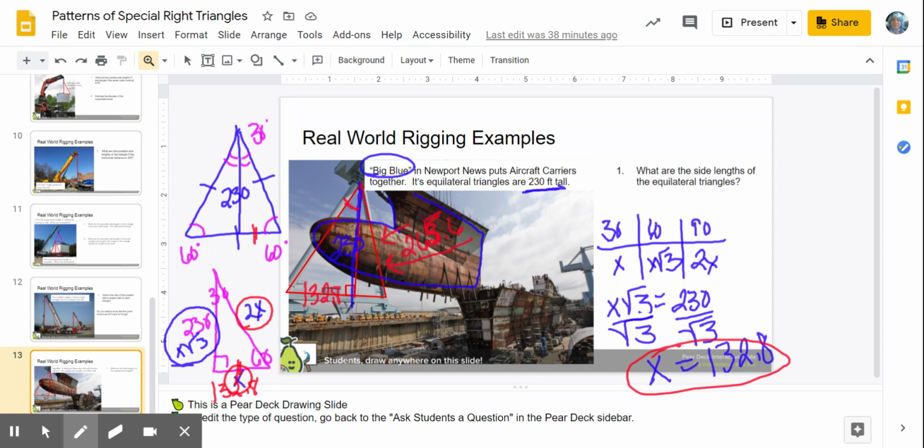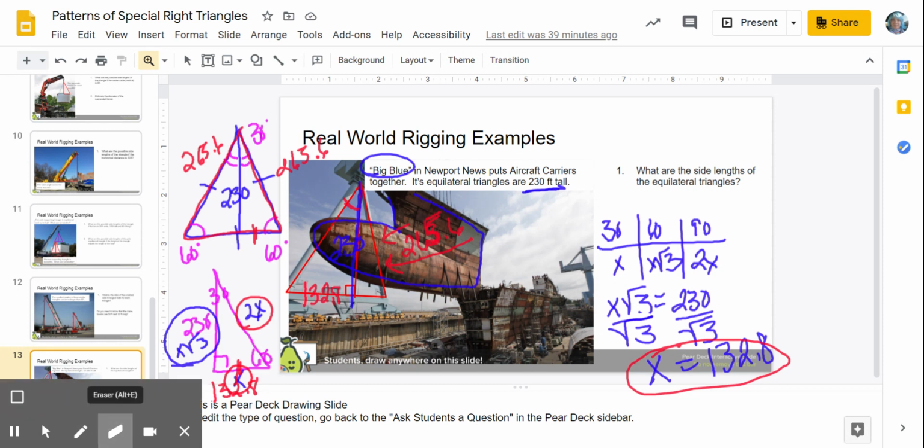Good. 265.6. That, my friends, is all three of those sides.